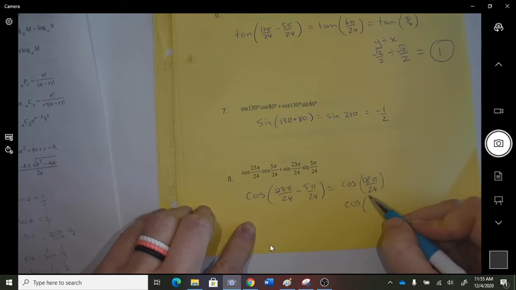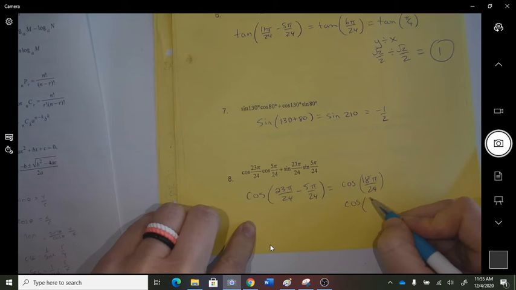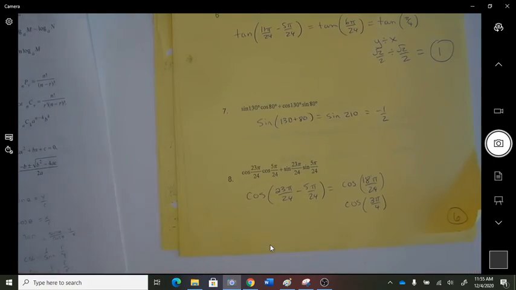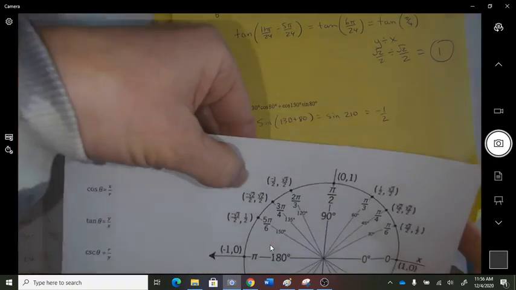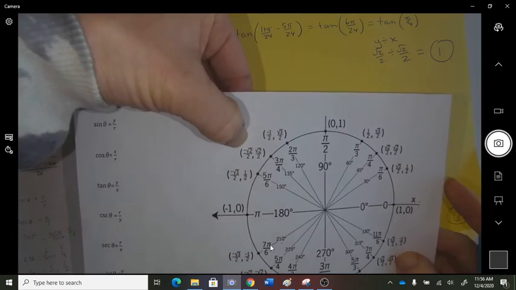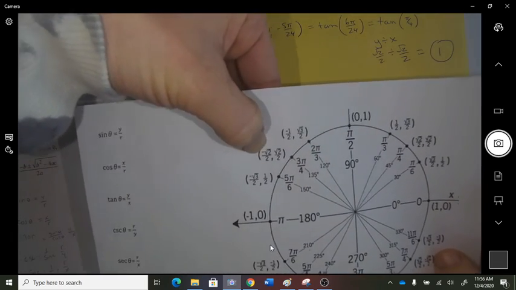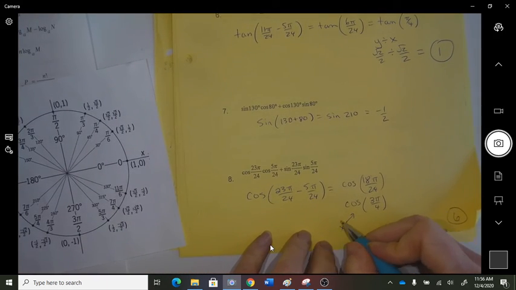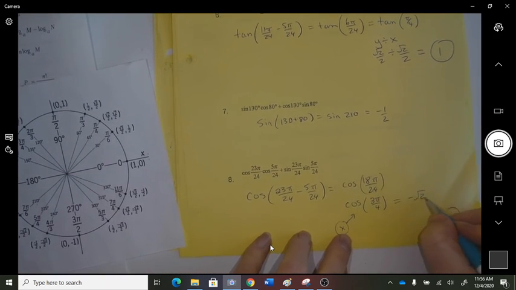I'm going to divide each by 6. So 3 pi over 4. So now I'm going to go to 3 pi over 4 right here, and cos is the x coordinate. So that is negative root 2 over 2.